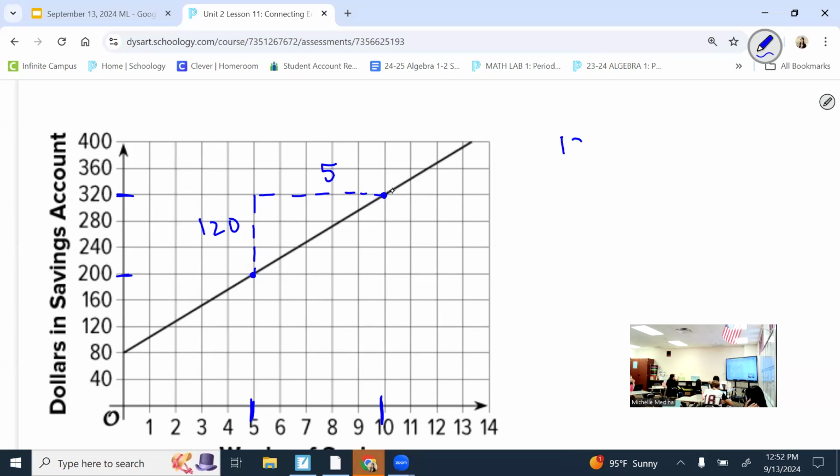And since slope is rise over run, 120 divided by 5 is 24, I'm guessing, because that's what the slope was for our right answer. But I will double check in my calculator. And it is 24. Okay, so that's how you could tell the slope if it wasn't given to you. Questions on that? Okay, questions on others?